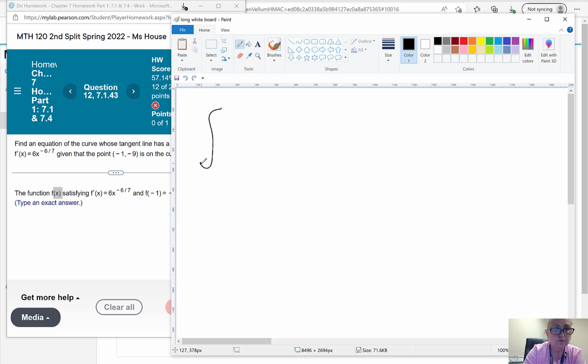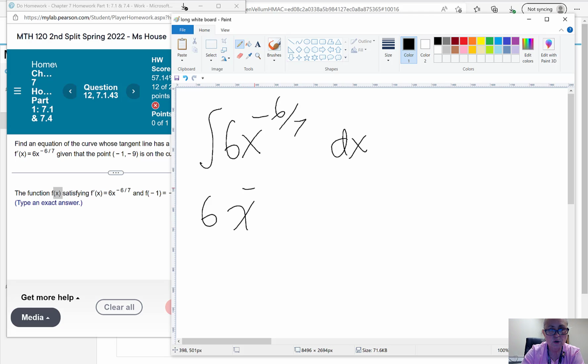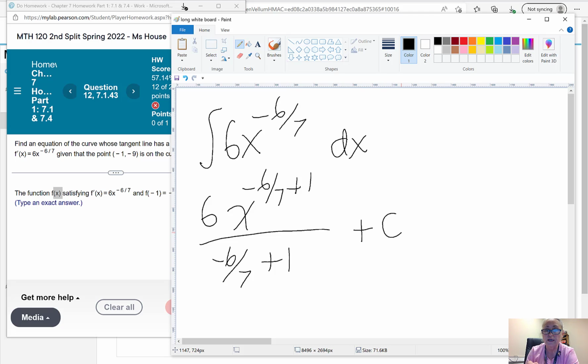So integral symbol always comes with a dx, 6x to the negative 6/7. Okay, bring the 6 down, because it can come outside, right? Add 1 to the exponent, divide by that negative 6/7 plus 1, and then add a plus c, because we don't know yet what the constant is.